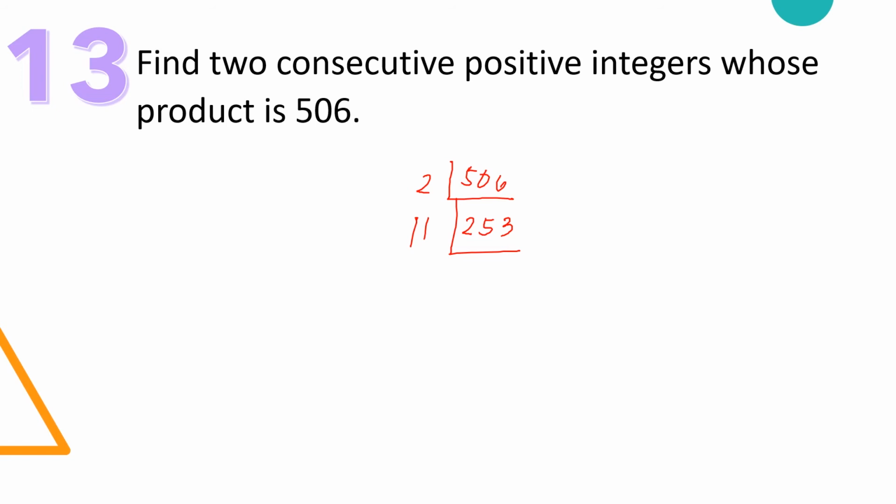So we have 2 times 11, 22. 25 minus 22 is 3. Then we have 33 divided by 11, that is 3. Since 2 times 11 is equal to 22, then our answer is 22 and 23.